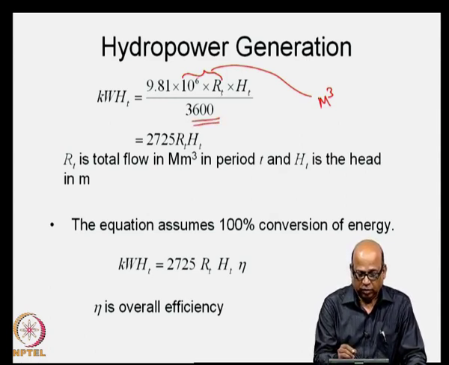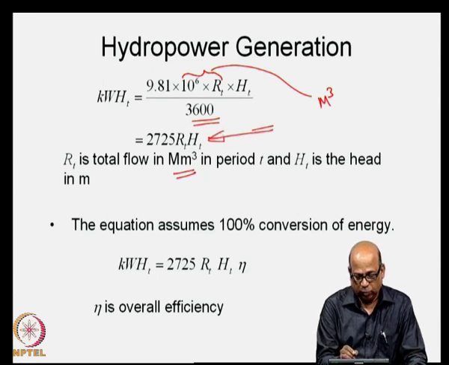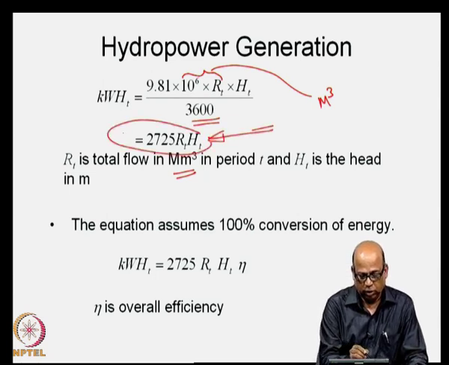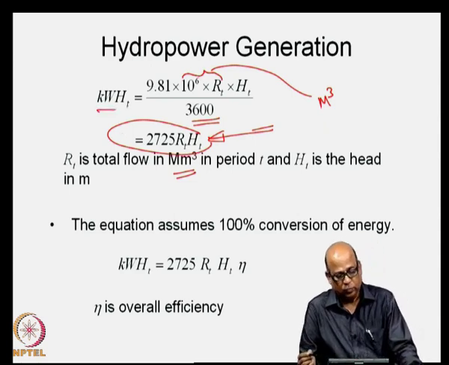So, if your RT is in million cubic meters, convert that into meter cube first by taking 10 to the power 6, divide it by 3600 to make it meter cube per second, then you will get 9.81, this is QT now, into HT, that will be 2725 RT into HT. So, this is the expression that we use for kilowatt hours that is produced.